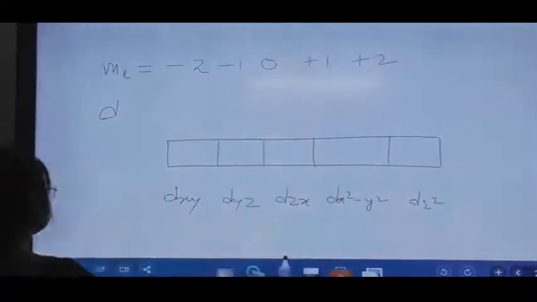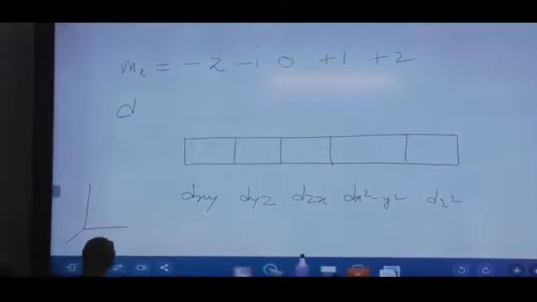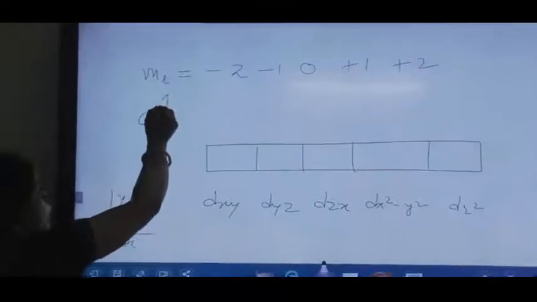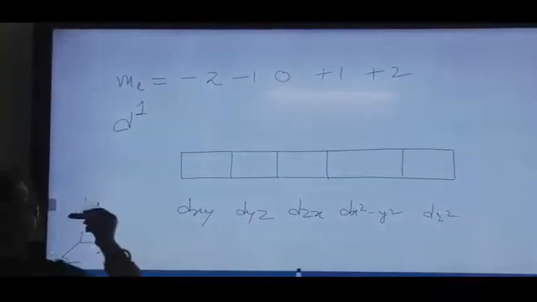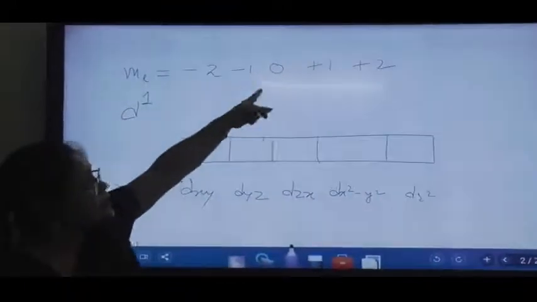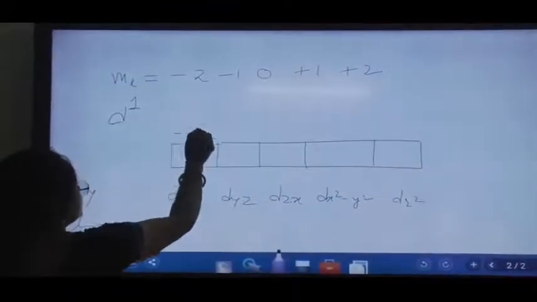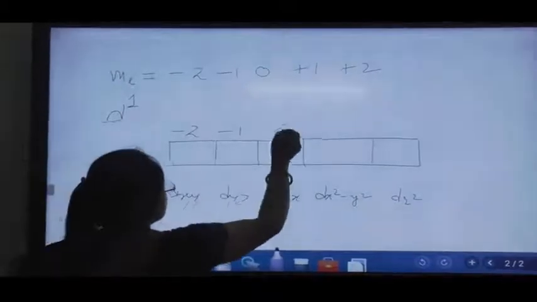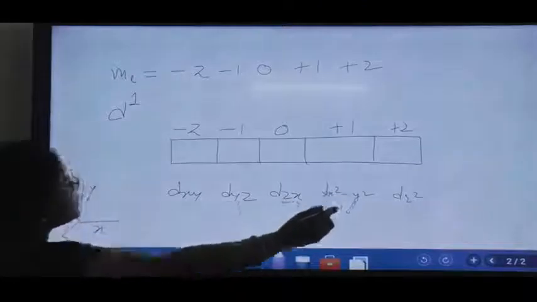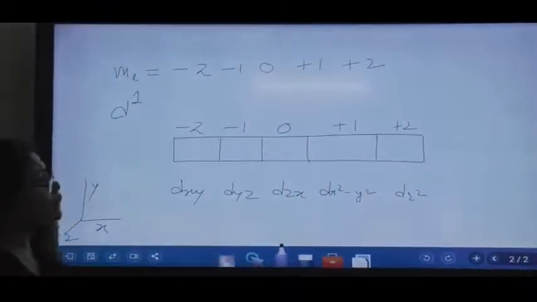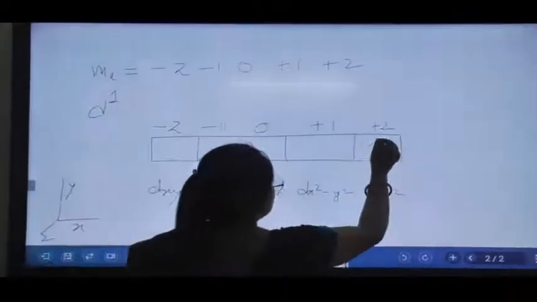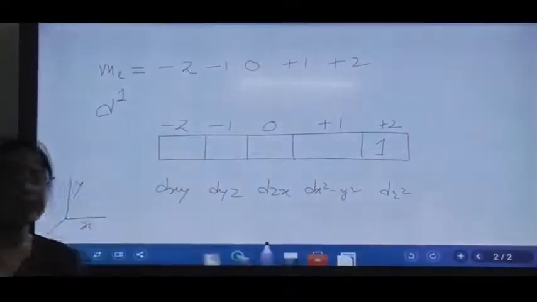These orientations are according to the 3 axes x, y and z. If I have only one electron, I can put it in any of these orbitals: -2, -1, 0, +1, +2. This single electron can occupy any of these places. Suppose I put it in this particular state.